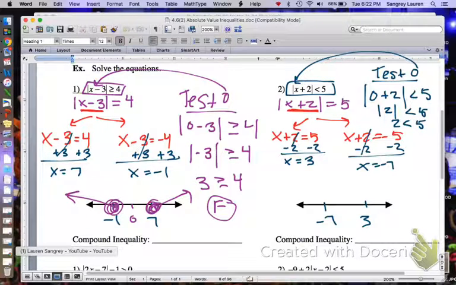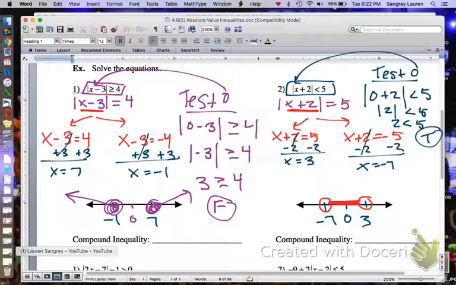So is 2 less than 5? That is true, which means we have to shade toward 0. 0 happens to be in the middle because it's between negative 7 and 3. Look back up to your original inequality. These are going to be open circles, and we are shading in the middle because we're shading toward 0, which is in the middle.